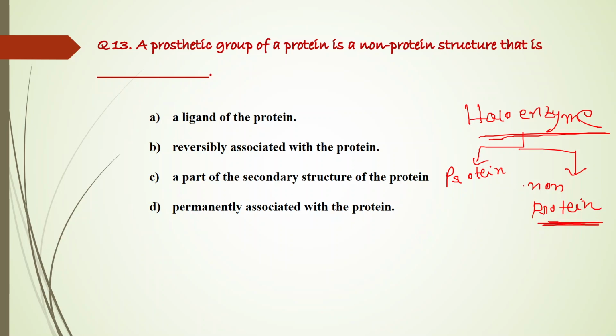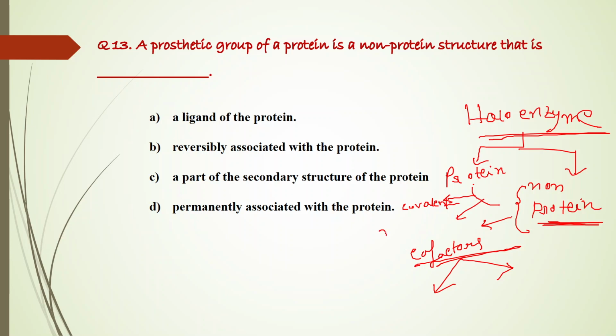Now, these non-protein parts are generally known as cofactors. These cofactors can be of two types depending on the interaction they have. The protein and non-protein part can have either covalent or non-covalent interaction. These are the basic ways by which any two molecules can react.